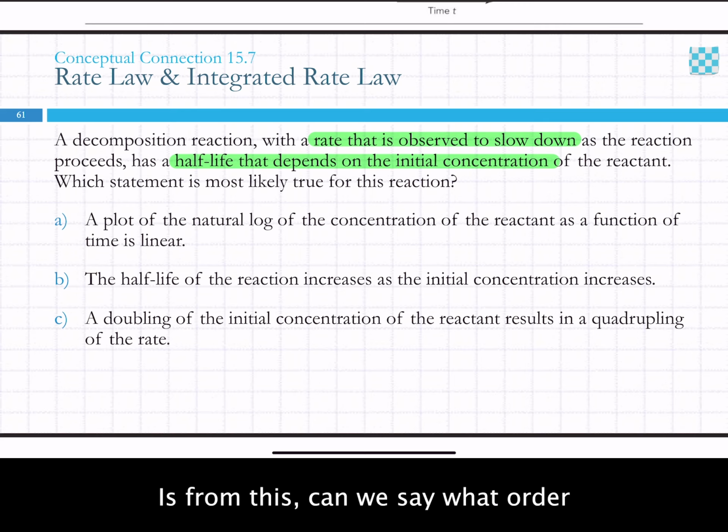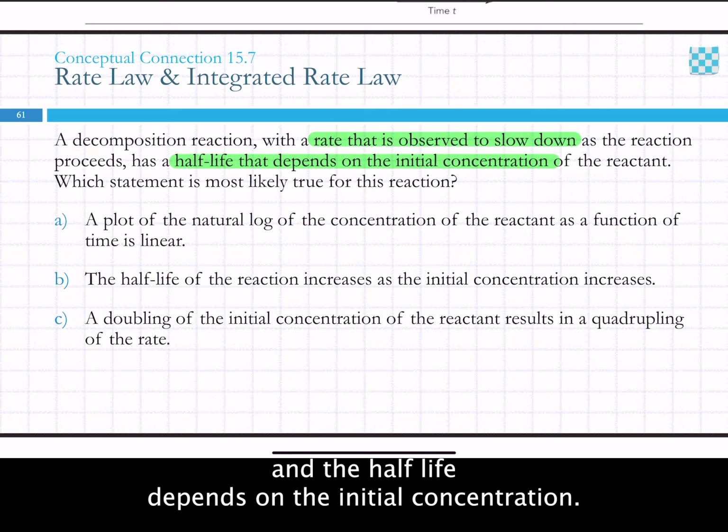I guess from this, can we say what order the reaction is? Rate slows down. Yeah. So from the fact that the rate slows down and the half-life depends on the initial concentration.